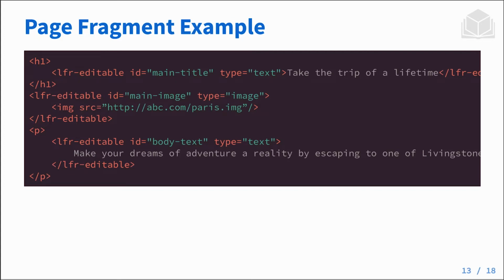So if I wanted a fragment that included a title, perhaps an image, as well as some text, and I wanted that to be ultimately controlled and editable by my marketing team, this is an example of what that might look like. We have our H1, we have the LFR editable tag for our main title, for our image, and for the body text as well. You can see we have the editable tag with an ID and a type, and then we have the actual text, image, etc.